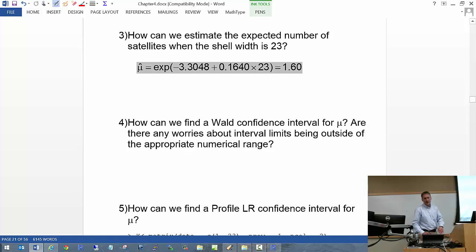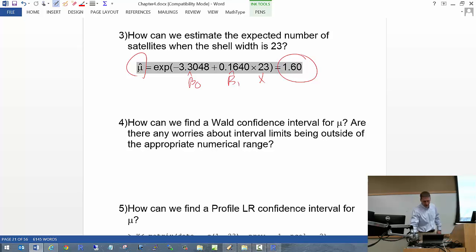So how can we estimate then the expected number of satellites when the shell width is 23? Well, just use the model. Mu hat is equal to e to the beta hat 0 plus beta hat 1 times, then here's my x, 23. If you do the math, you get 1.6. So what function in R would we use to do this automatically for us?